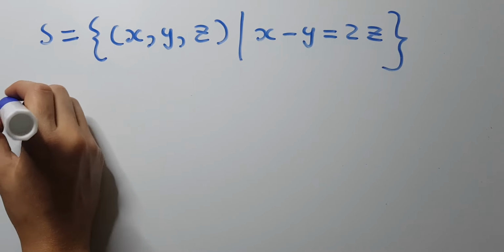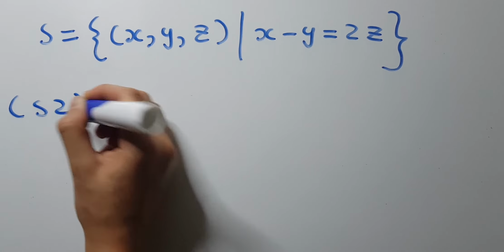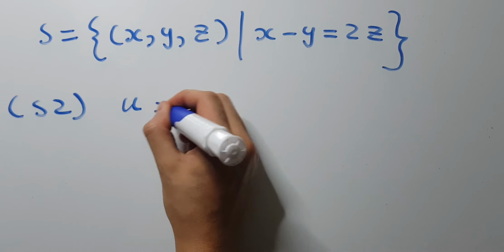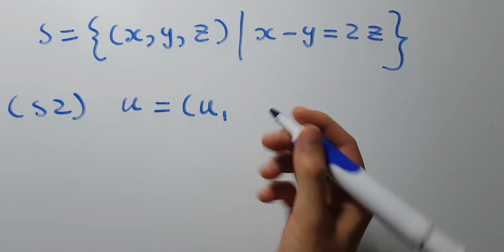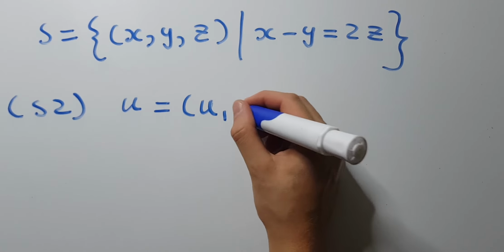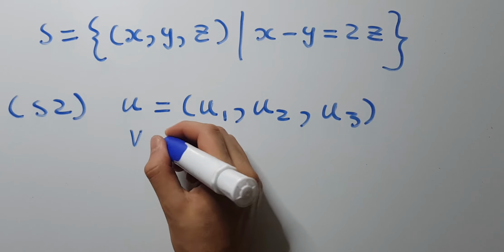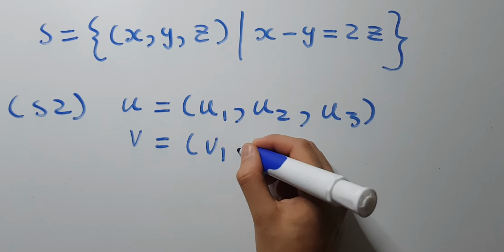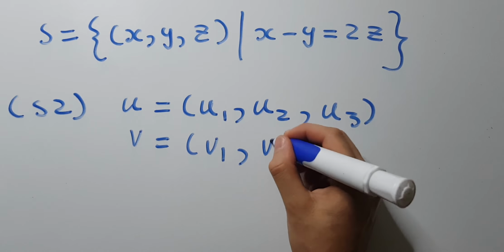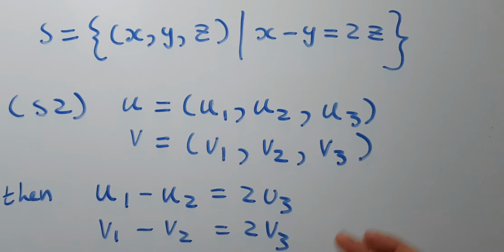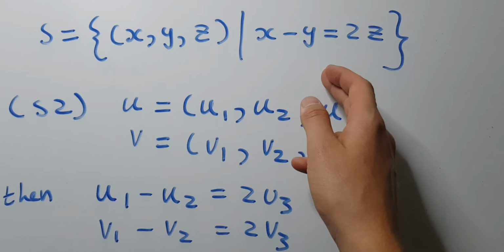Now the second condition: we need to check if it is closed under vector addition. We have two vectors because we need to make sure that it is closed under all vector conditions. So we need to come up with two vectors which are an element of our subset. The most common way to do this is to use the vectors u and v. After you have defined the vectors, the next thing you want to do is put them into the defining condition.